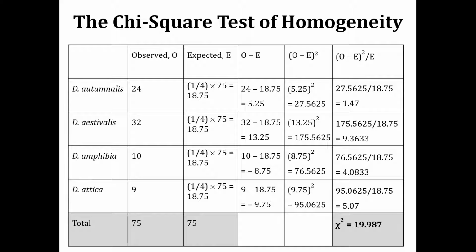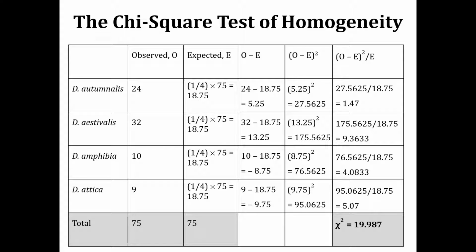So we calculate that for every class. For Dixella aestivalis, the square of the difference divided by the expected frequency is 9.3633. For Dixella amphibia, it is 4.0833, and for Dixella attica, it is 5.07.